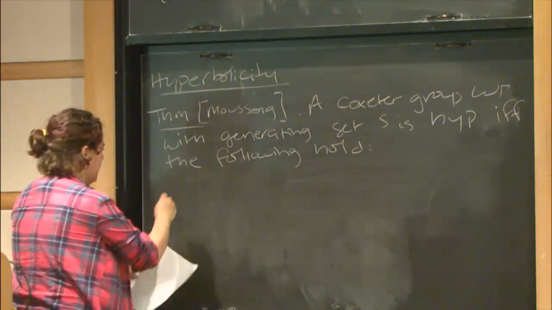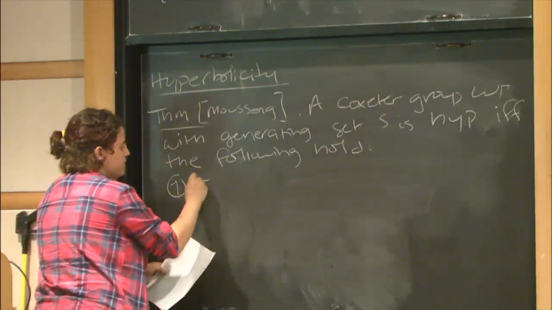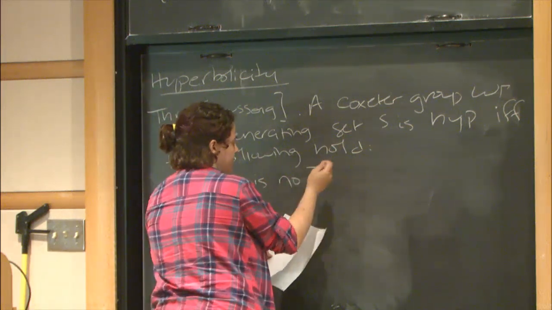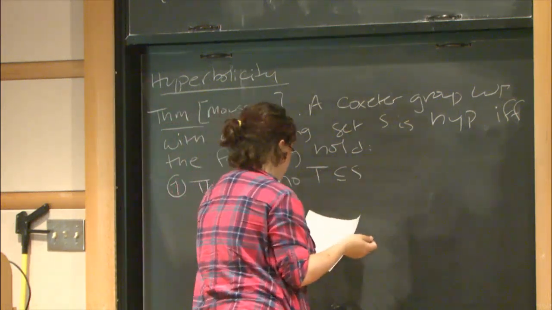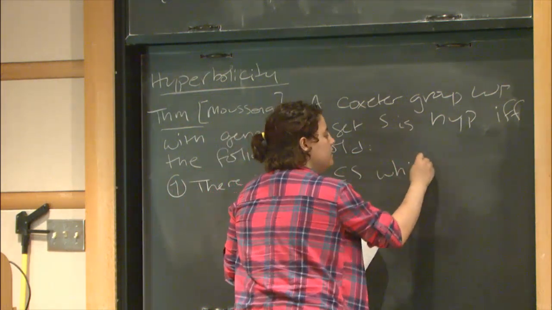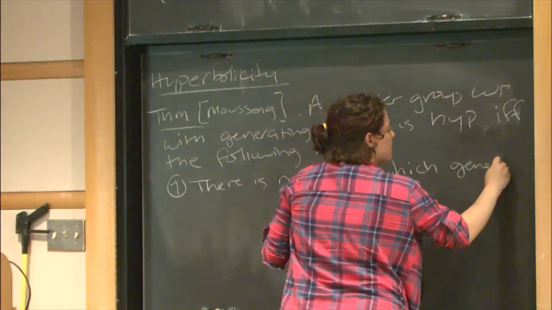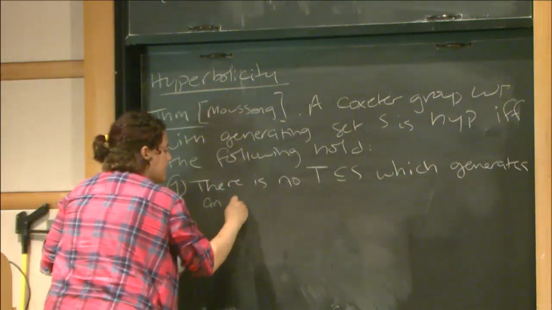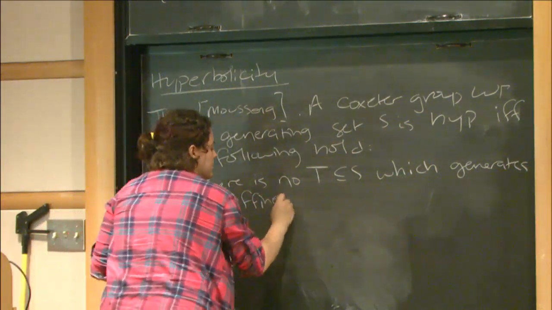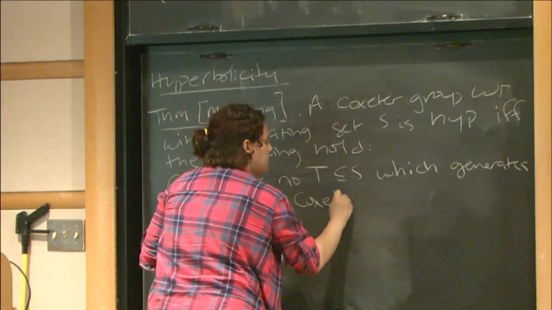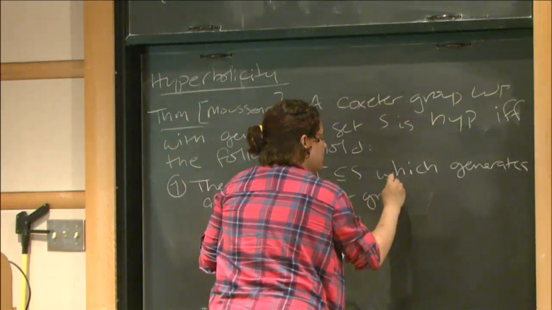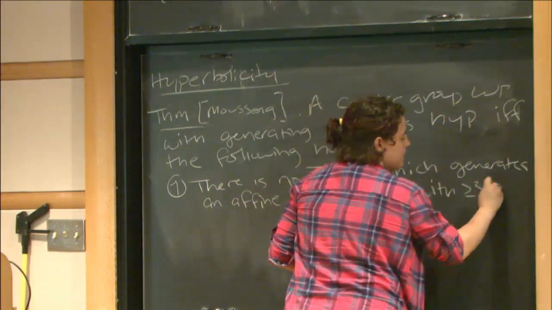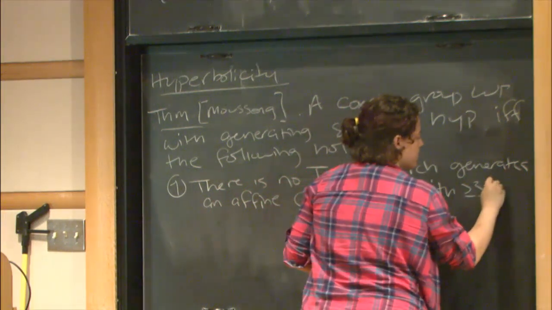So there's two conditions. One is we can't have any subset T of S which generates an affine Coxeter group with at least 3 vertices.